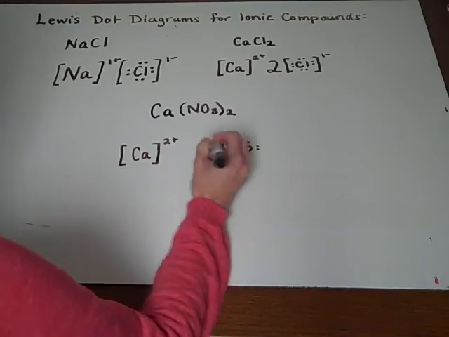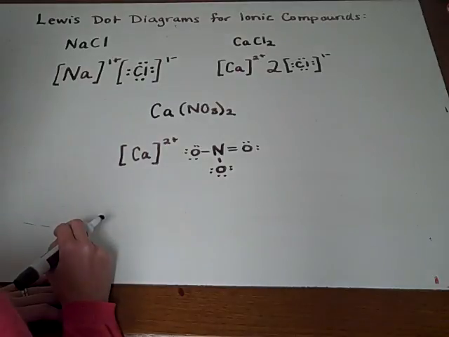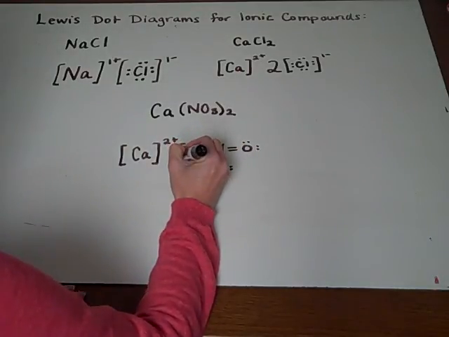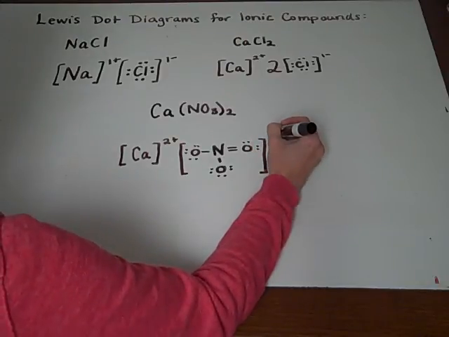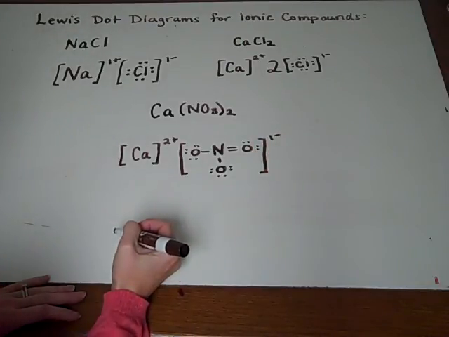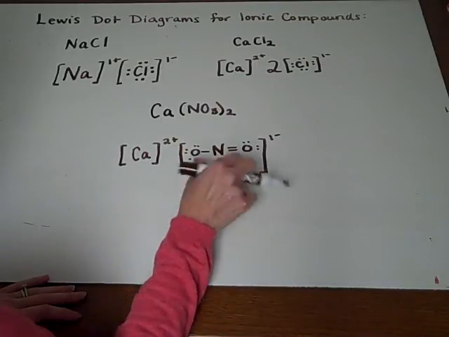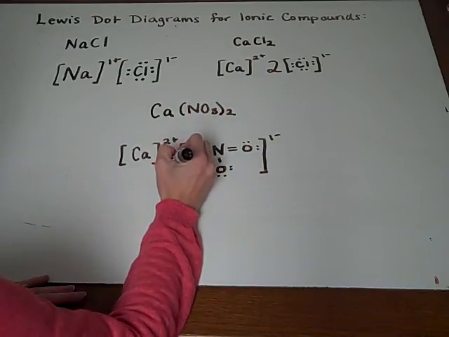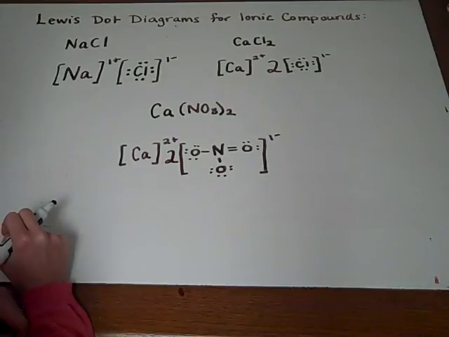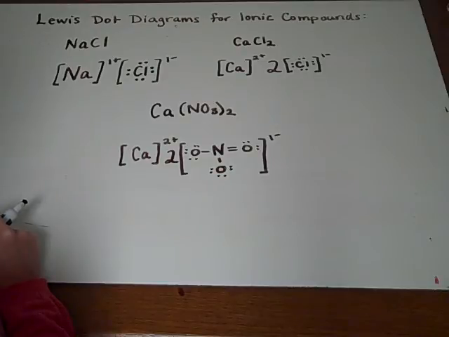We end up with NO3's Lewis dot diagram looking like this, right? But to form it, what did we have to have? Brackets and that 1 extra electron, right? So we would put it in brackets and 1 extra electron. This is previously all we had done, right? But in our ionic compound, how many are there that we need? 2. So we're going to put 2 in front of those brackets to show that we need 2 NO3s. So this is how you draw Lewis dot diagrams for ionic compounds.